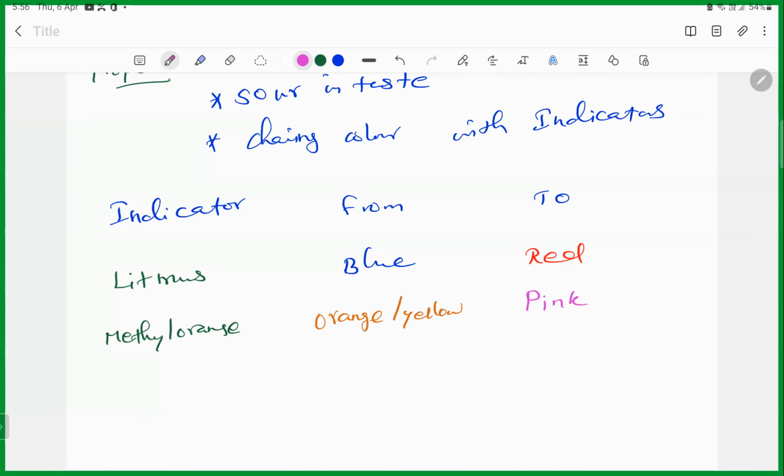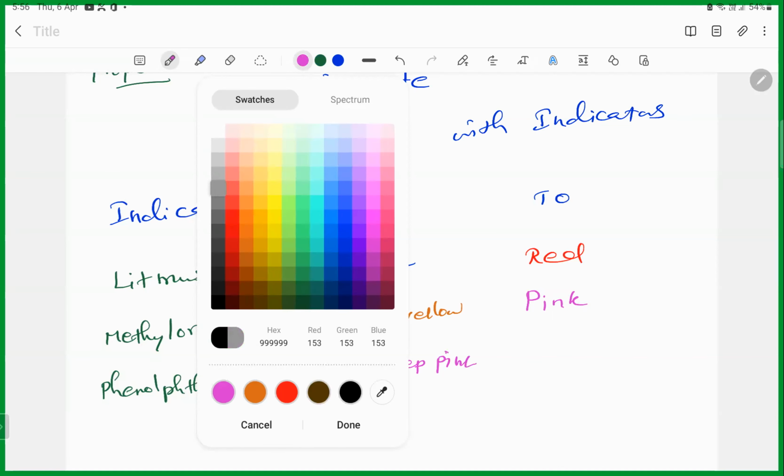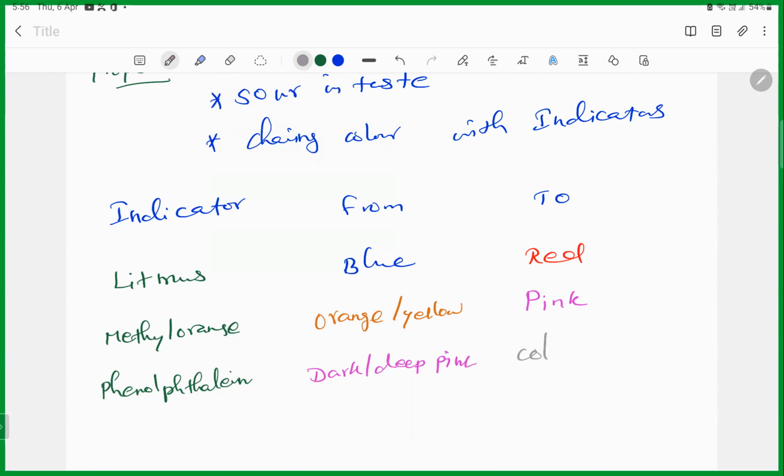And then phenolphthalein. Phenolphthalein in basic medium is pink color, dark or deep pink. From that, in acid, it becomes colorless.